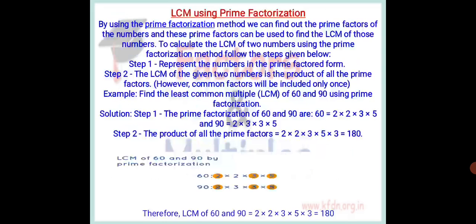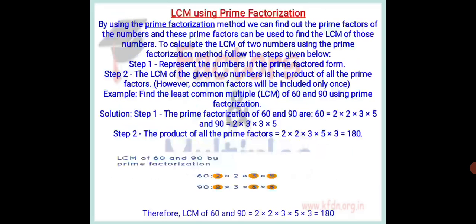So now I will discuss with you the steps to be followed to find out LCM by using prime factorization method. Number 1, represent the numbers in the prime factor form.